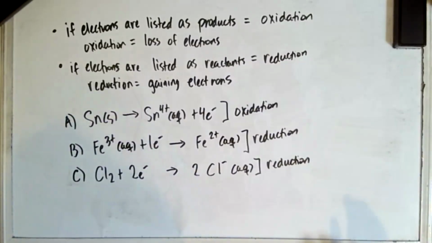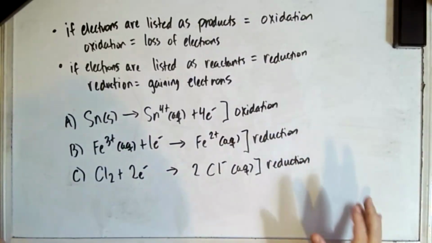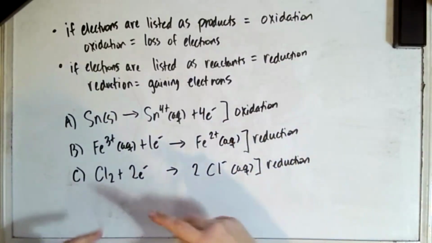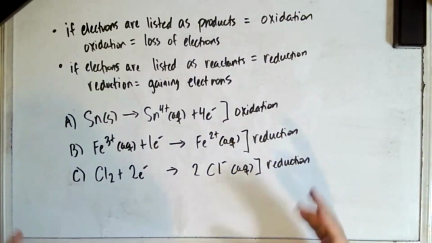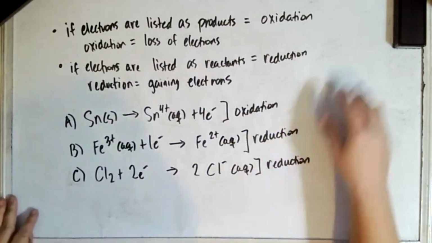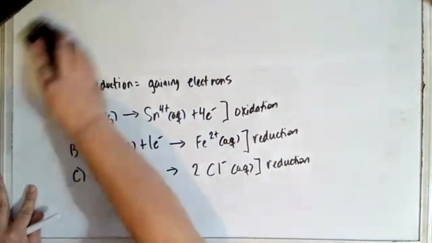All right. In the next learning check, they give us a more complete example, and they ask us to figure out what's been oxidized and what's been reduced in this example. And we're going to ask ourselves the same question.